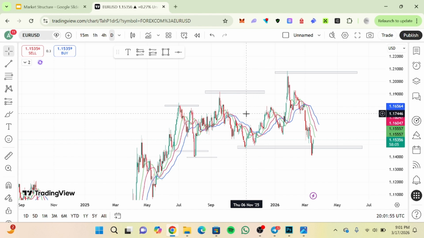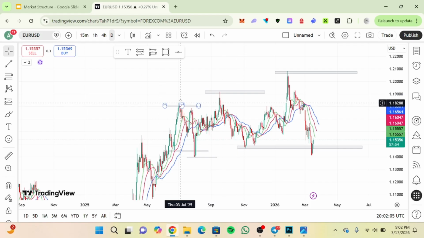So how did we know that the market was continuing the trend? You can see this high here. Like I said, for a trend to continue, the previous high has to be broken, or the previous low has to be broken.